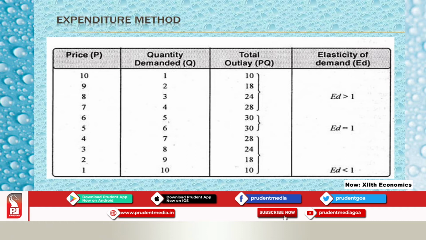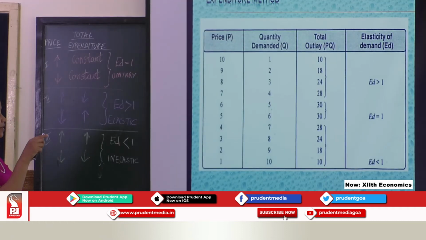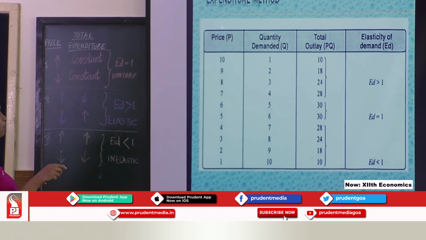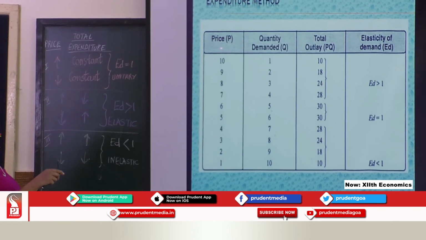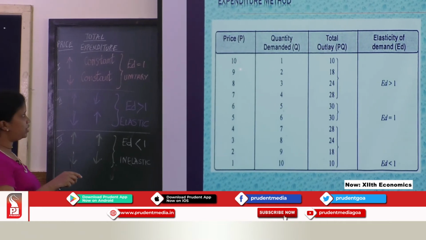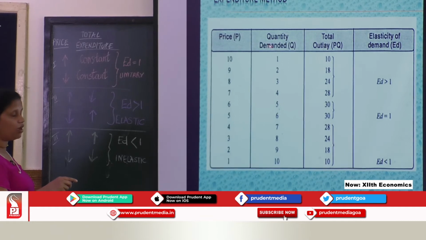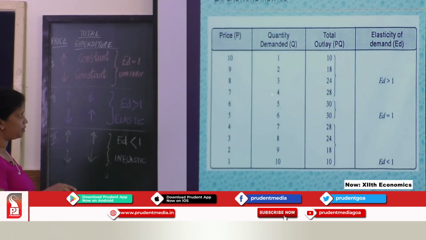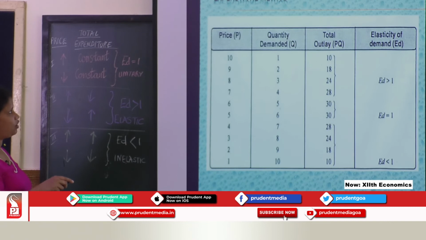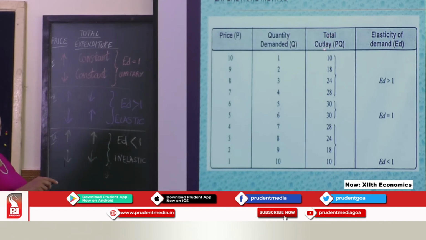Now, let us understand the same relationship with this table. Look at this first column, it is price. We know that price is decreasing. Second column is quantity demanded, inverse relationship, therefore, quantity demanded is increasing. Now, this third column is showing the total outlay. Total outlay is the total expenditure.